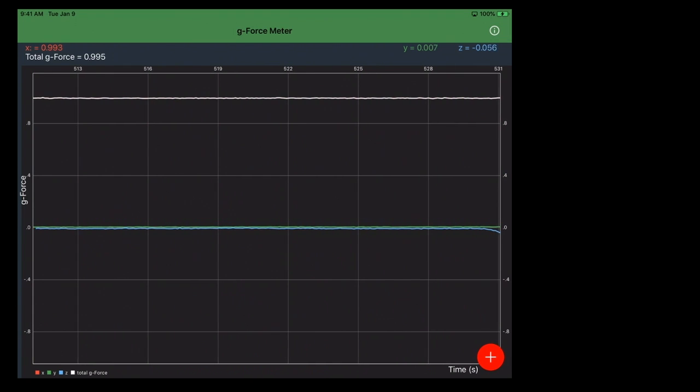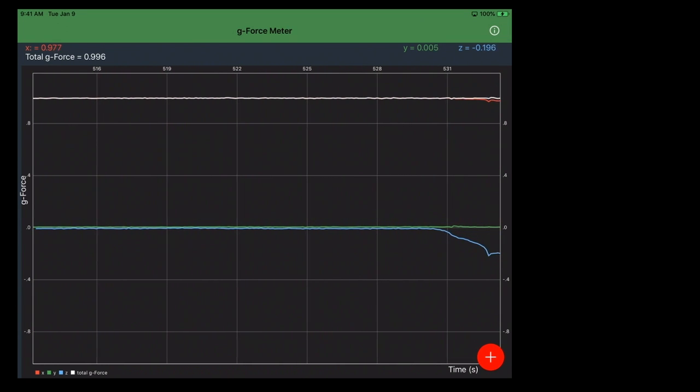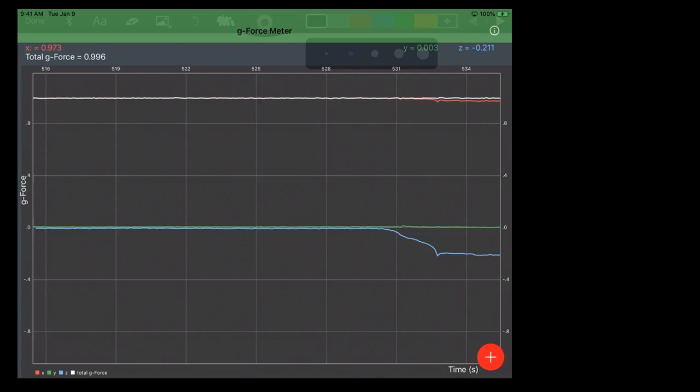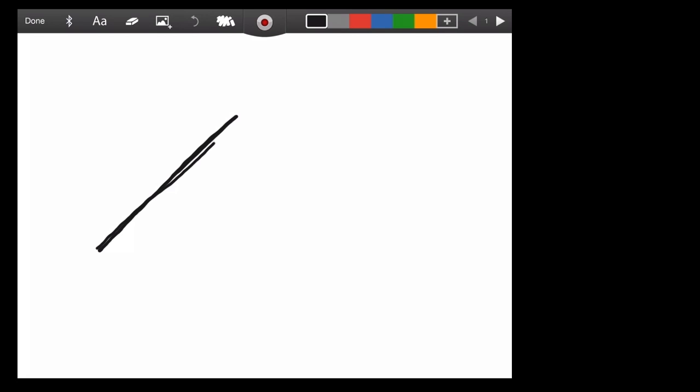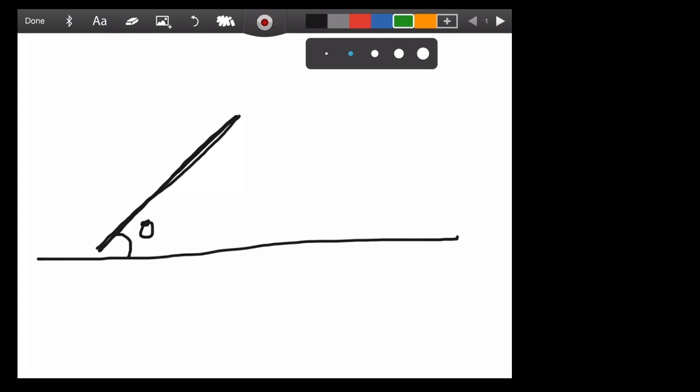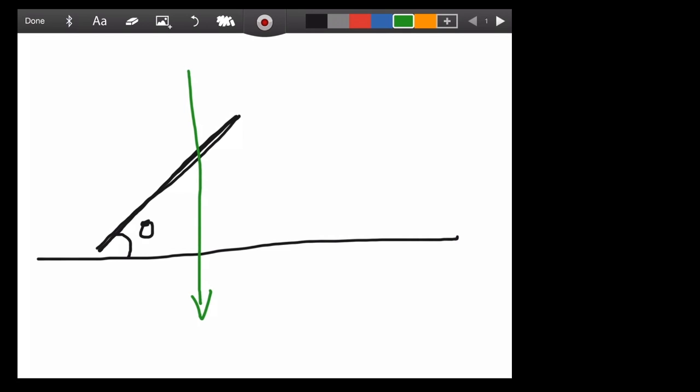Now if we tilt it slightly, we can bring those lines apart. Okay, let's see if we can make some sense of that. So we have the iPad resting at some angle above my level desk, and there's an angle there. Now, the force of gravity is going straight down in that direction.